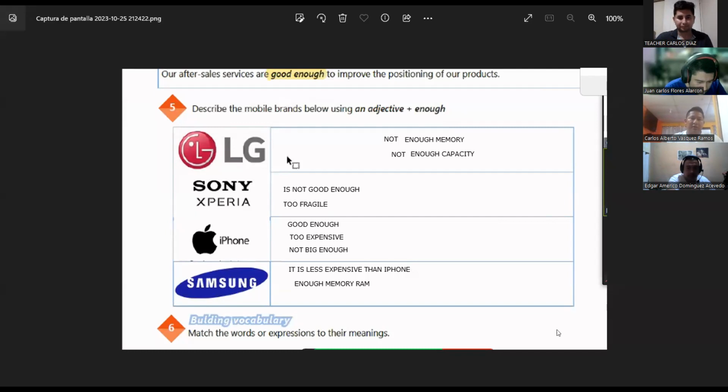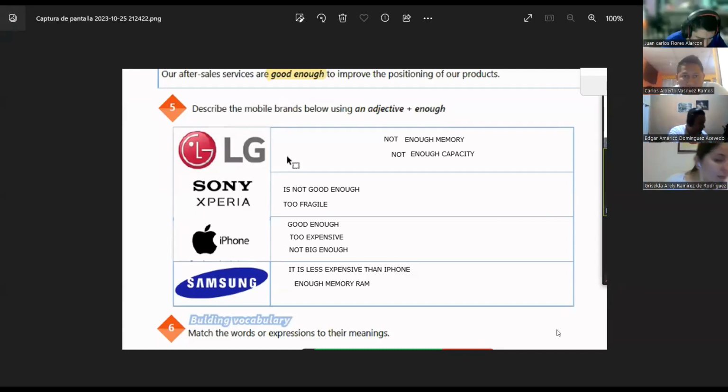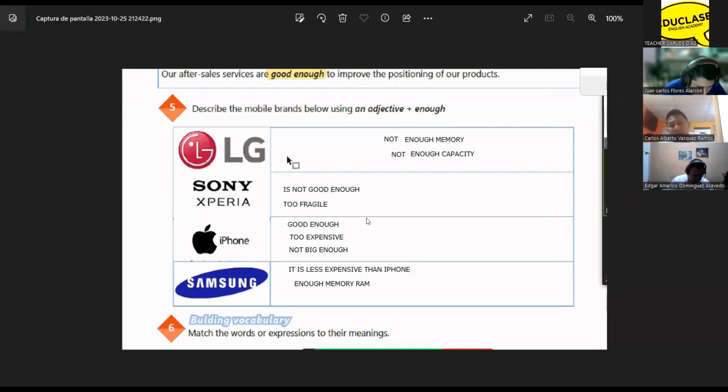The book is not enough memory, and not enough capacity. The cell phone or the mobile. The Sony Experience is not good enough. It's too fragile. Too fragile. Okay, thank you.